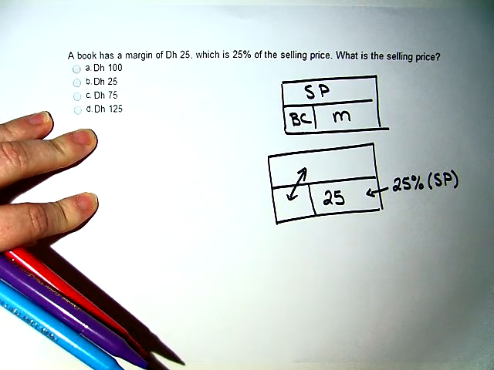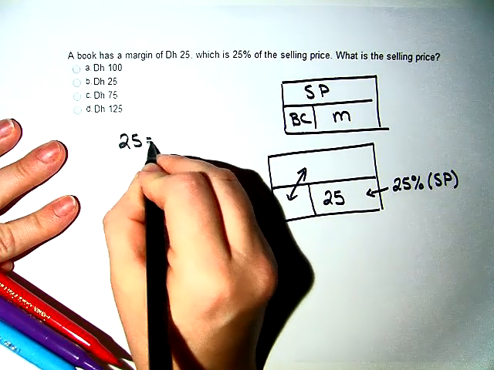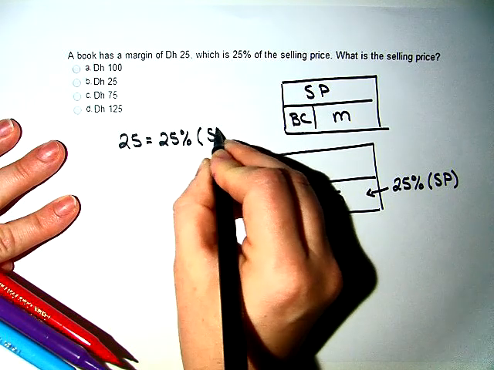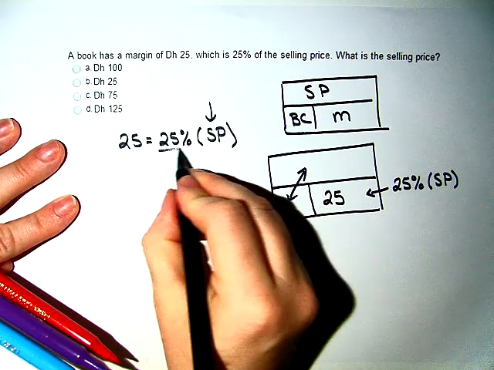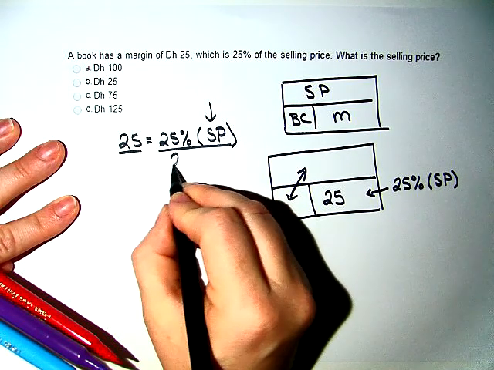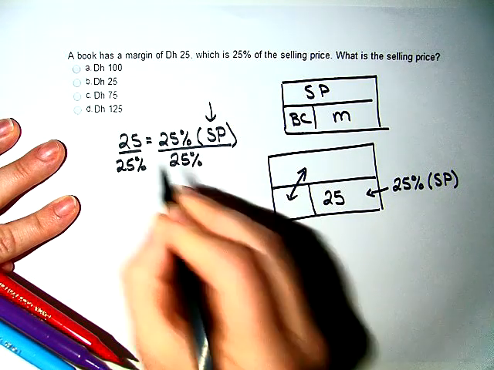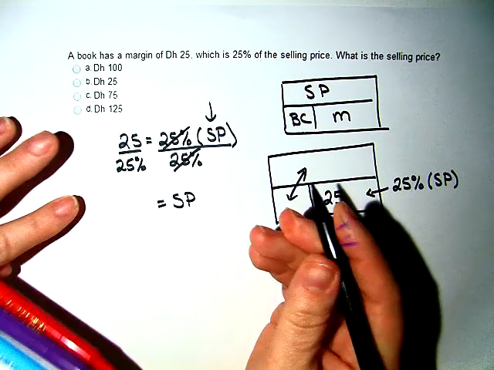And the word is in math means to be equal. So 25 equals 25% times your selling price. Well, you're trying to get this alone. So you need to divide both sides by 25%. By doing this, it cancels this out and you're left with the selling price alone, which is what you wanted to get.